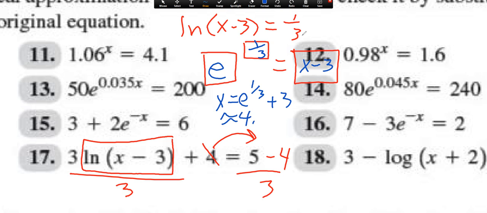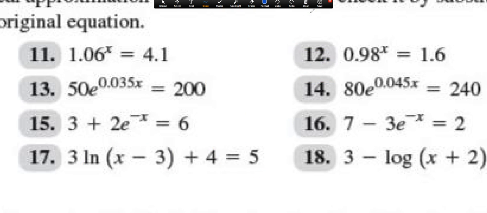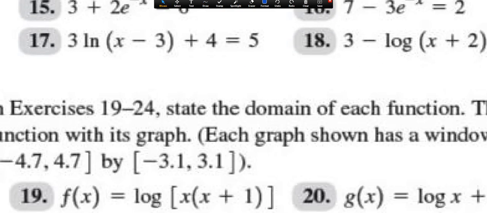Nice. Once you get that single log, you've got to change it to its other form in order to figure out what that is.